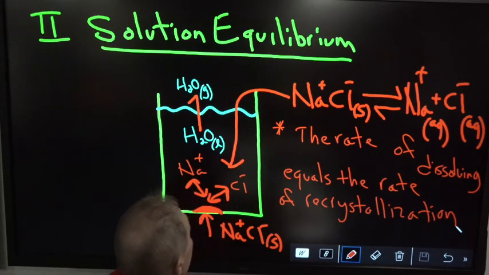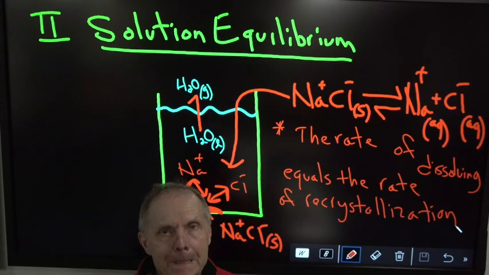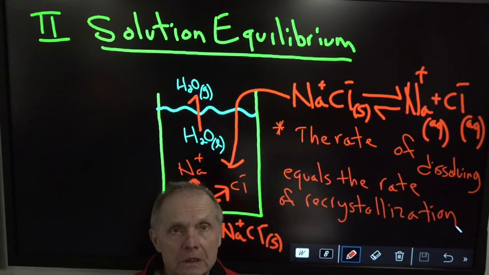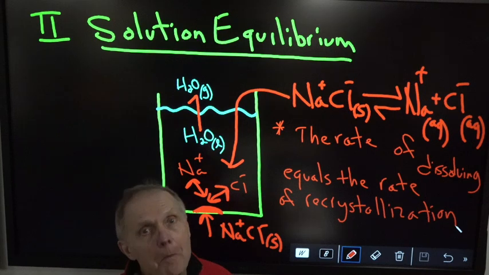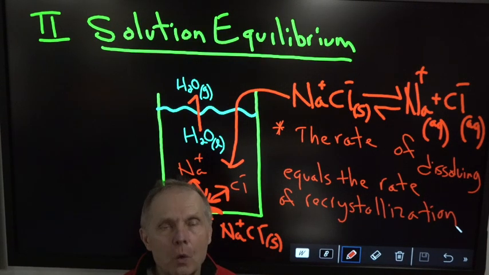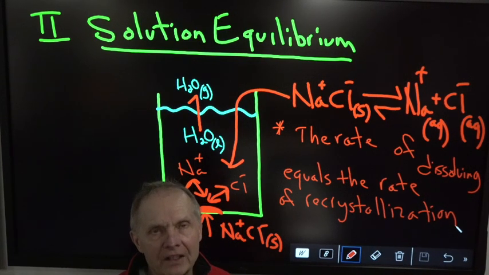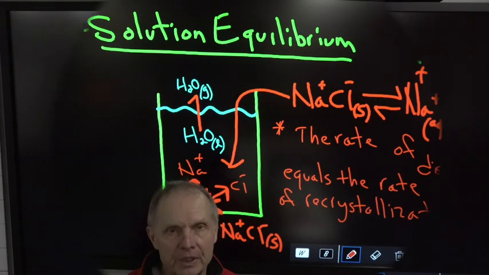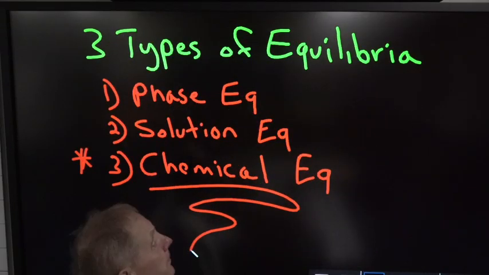All right, so this is called a solution equilibrium, when the rate of dissolving equals the rate of recrystallization. Okay, those are two, but the major one is the one that's coming up, and that's chemical equilibrium.